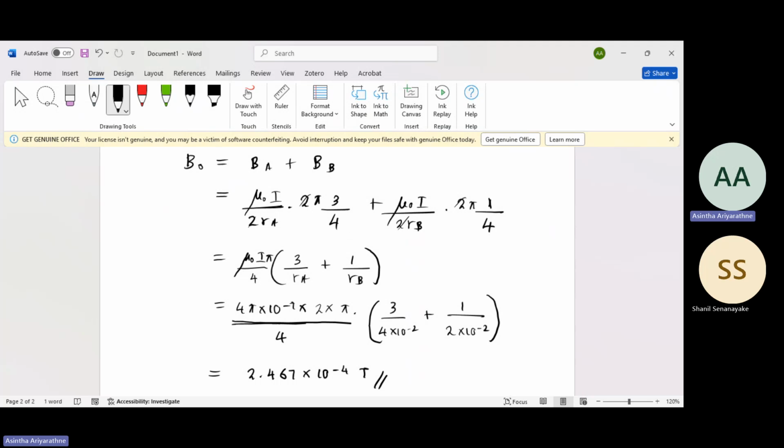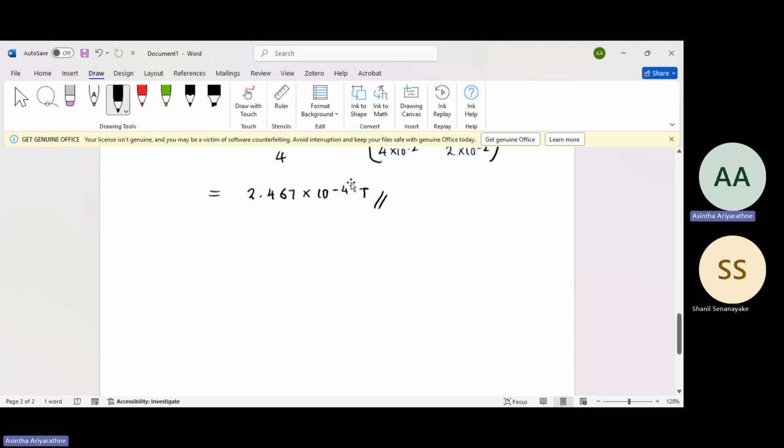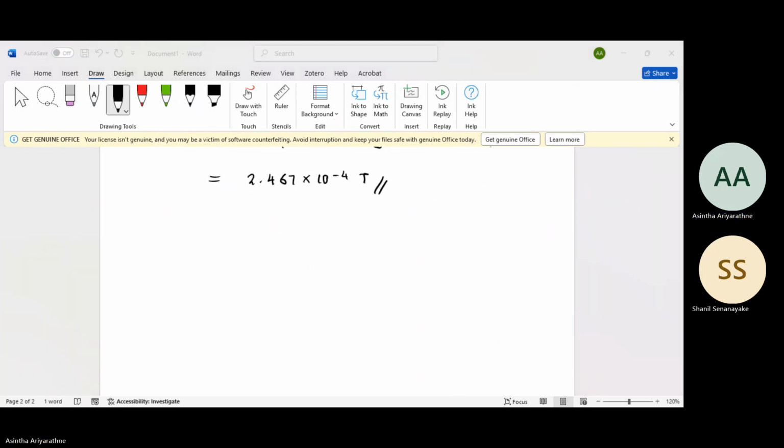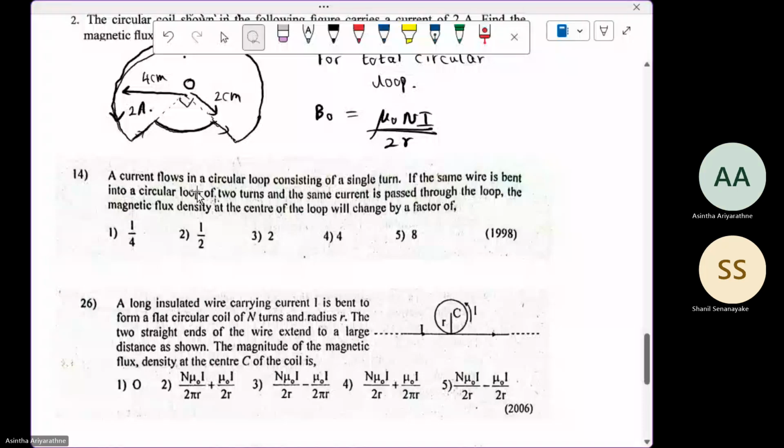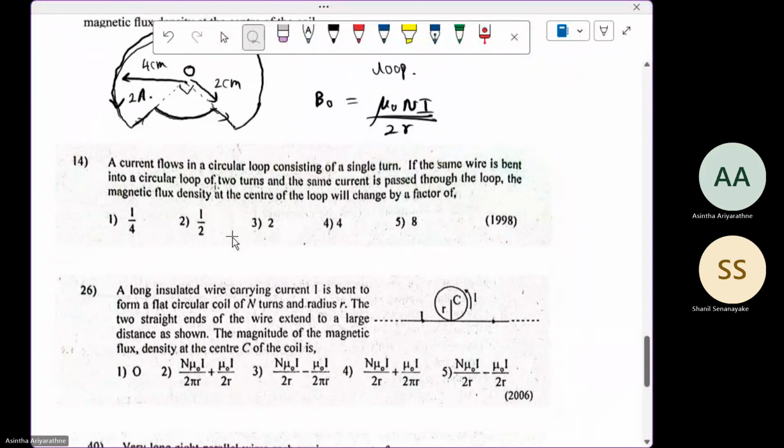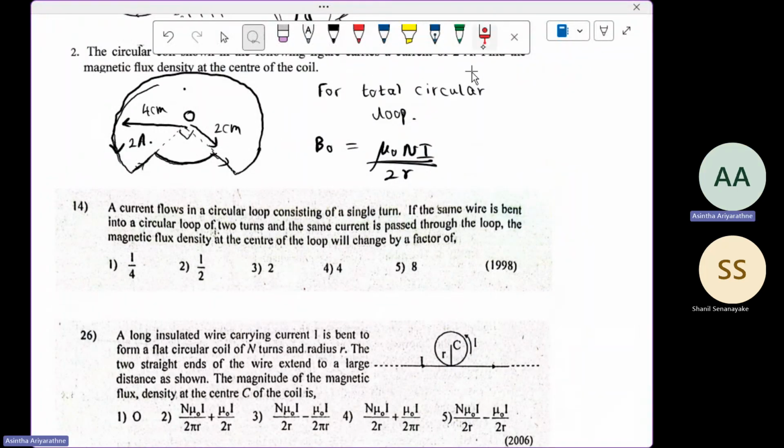For the second one, a quarter of that. Then add them together. Now try the 14th question.